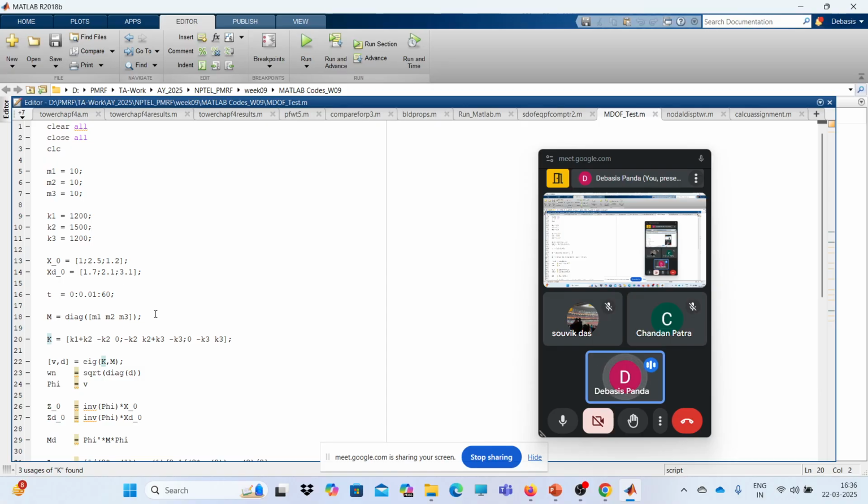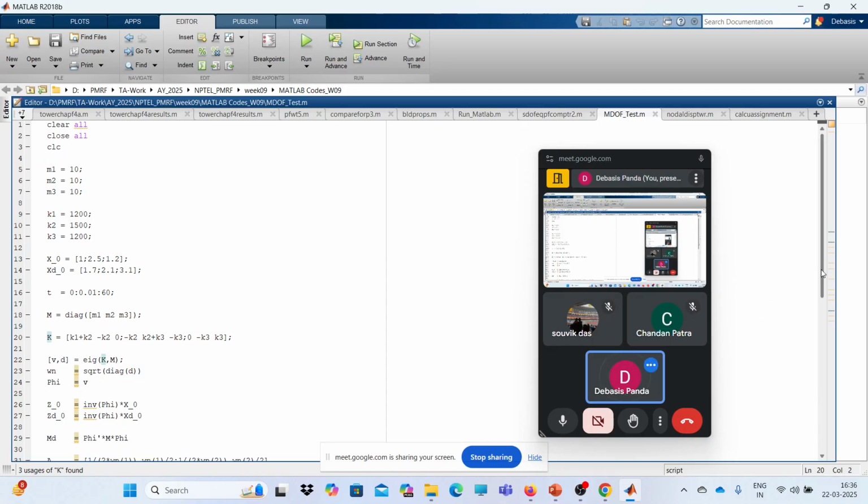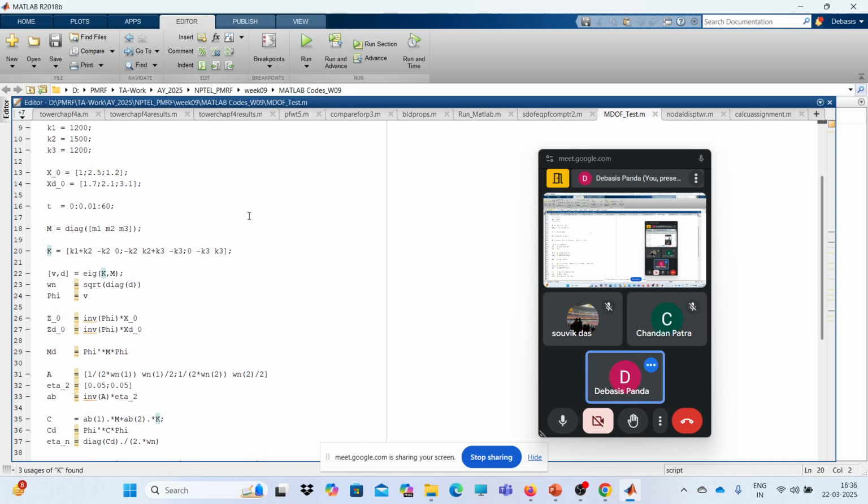Now we need to find out the values of the mode shapes. So what do we do? We will do the eigen operation. In MATLAB, we know that [V, D] is equal to eig. That eig command will do the eigen operation and give you the eigenvalues and eigenvectors. So V are the eigenvectors and D are the eigenvalues.